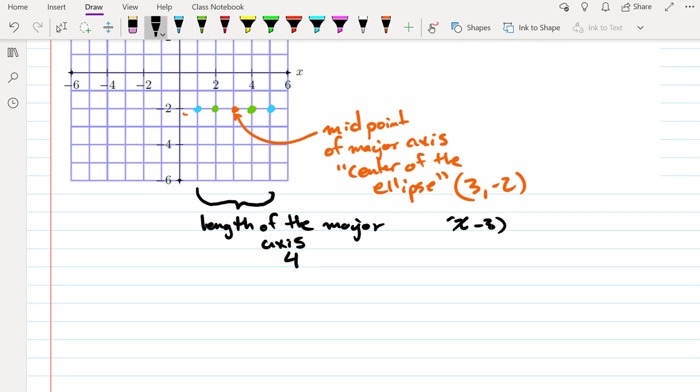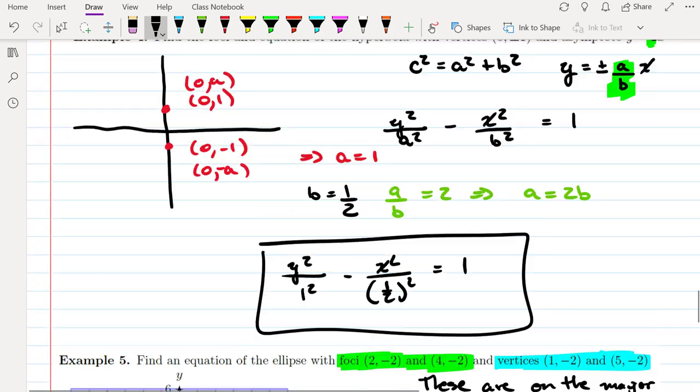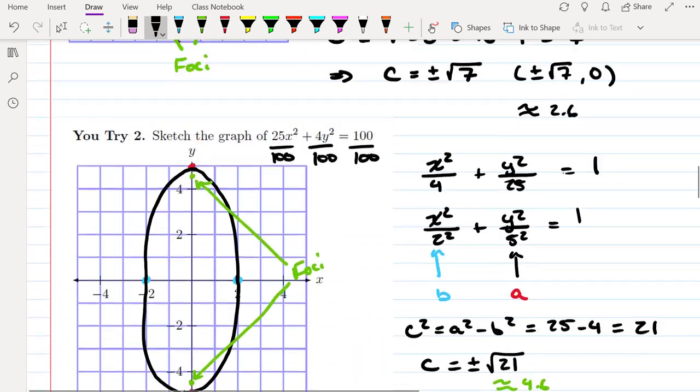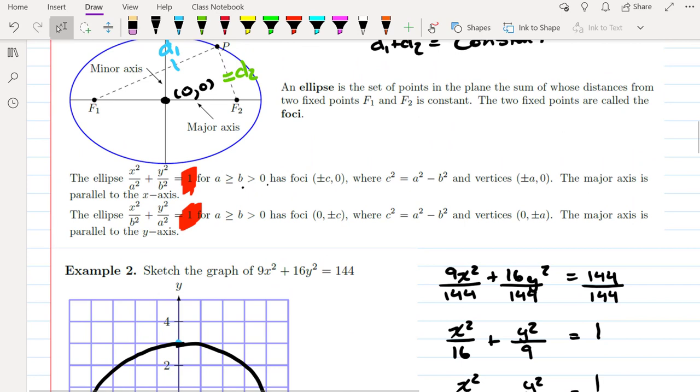So our equation of our ellipse is going to look like x minus 3 squared over a squared plus y minus negative 2 squared over b squared is equal to 1. We took our equation of our ellipse, and we knew that our major axis was parallel to the x, so we had this form, but instead of being centered at 0, 0, we shifted both the x and the y to the new point.